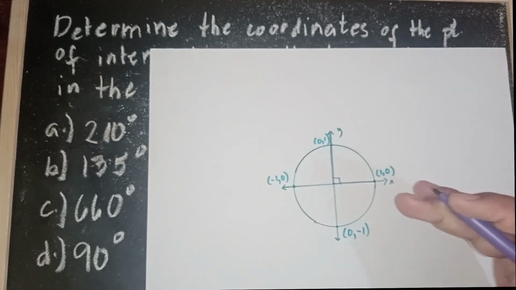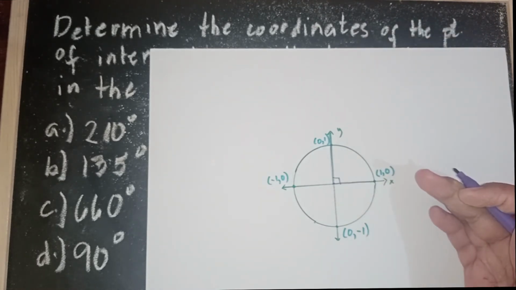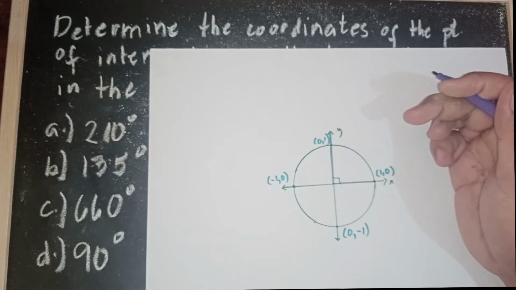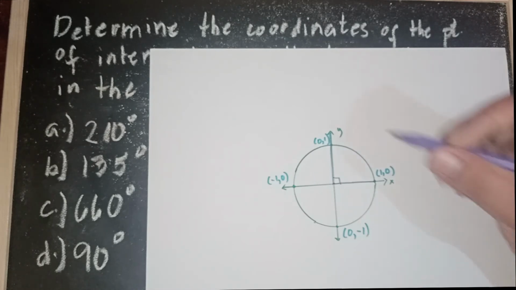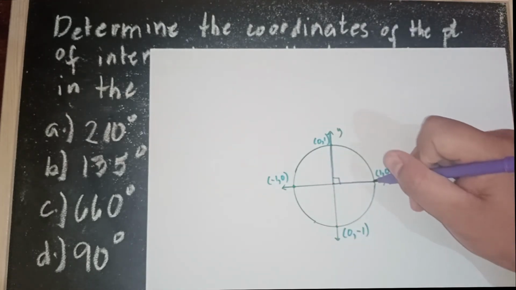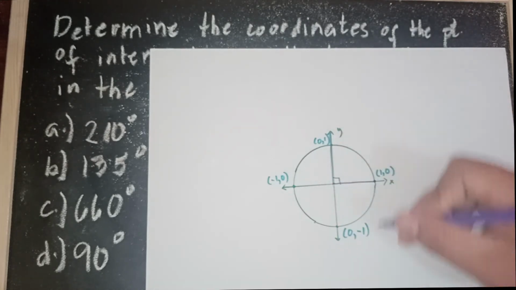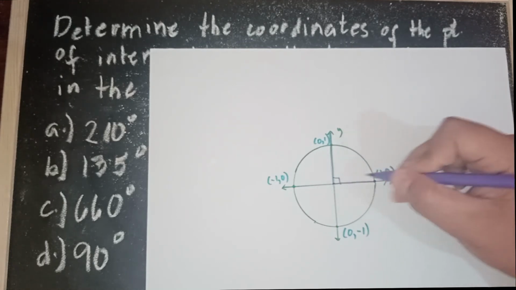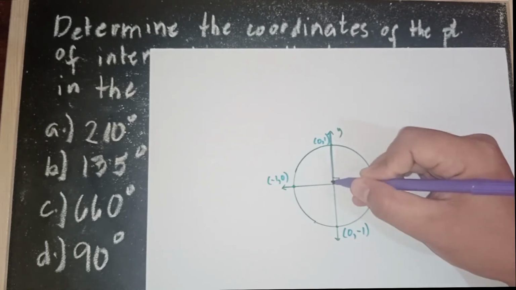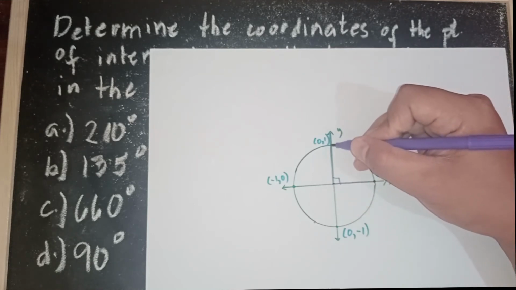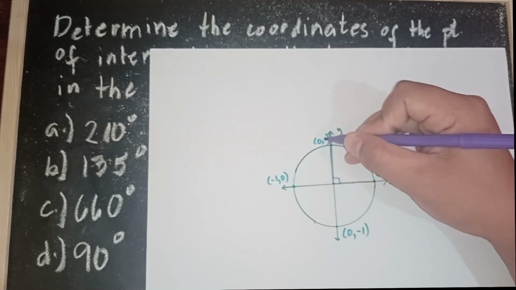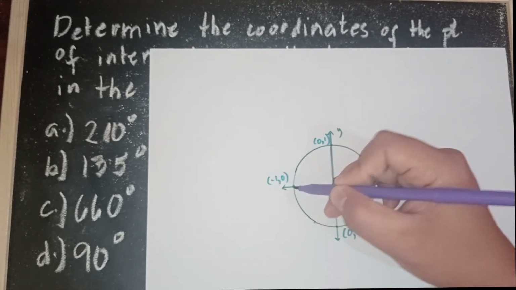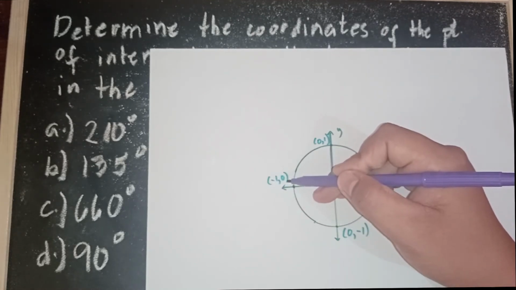This is the easiest way to determine the coordinates of the point of intersection of the terminal side and the unit circle. If you have a unit circle, the point of intersection of the positive x-axis and the unit circle is 1, 0. Why 1, 0? Because this is a radius, this is 1, and the value of y is 0. Here, x is 0 and y is 1. Here, the point of intersection is negative 1, 0.